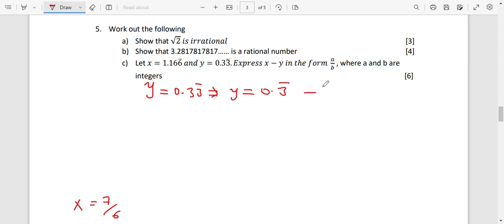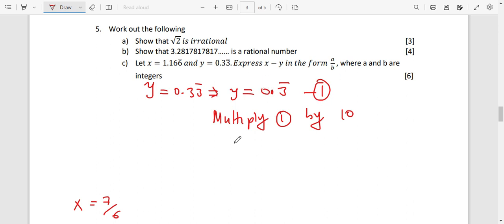So we can now, what are we going to do first? Do we need to take the decimal point in front of the bar? We can't take it in front of the bar because it's already in front of the bar.